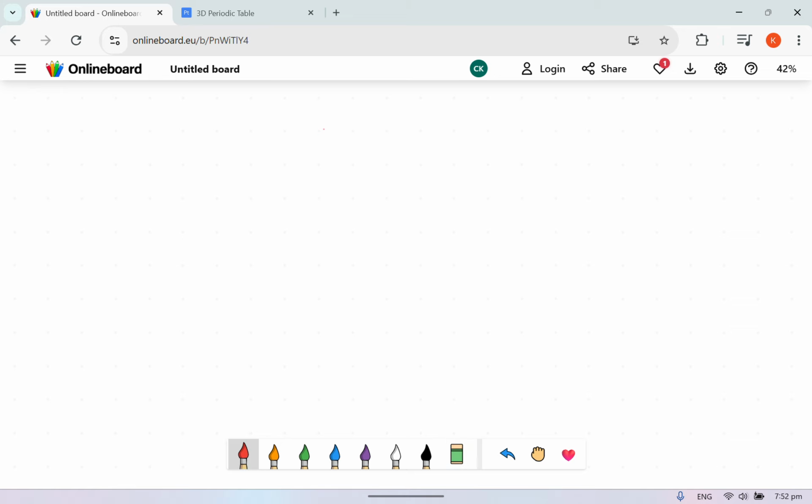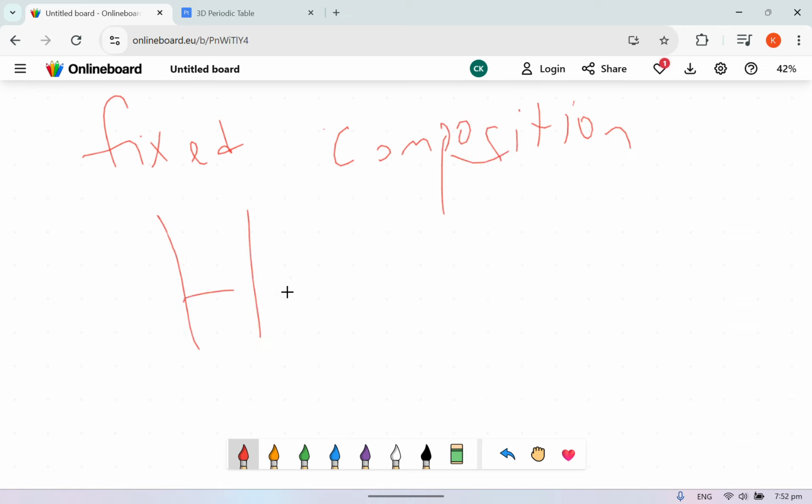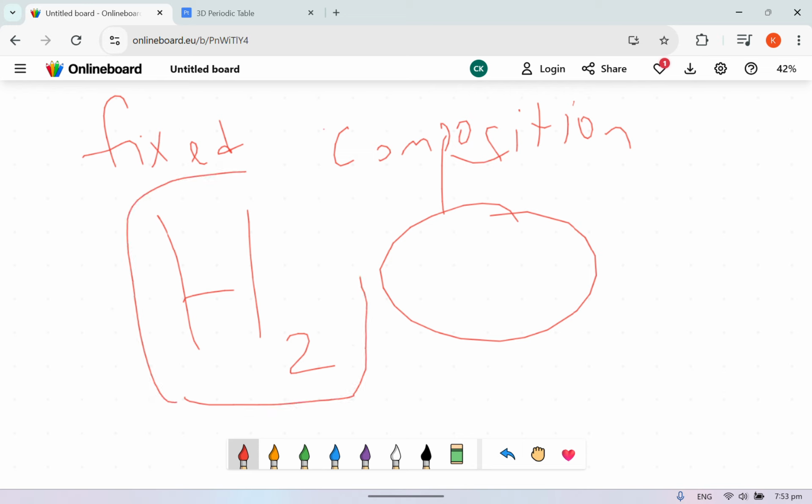Compounds actually have a fixed composition. For example, H2O. There's a fixed composition. It's what makes it unique. Just to break it down for y'all, this is H2, this is O. What does this mean?